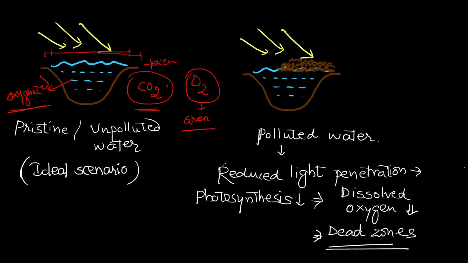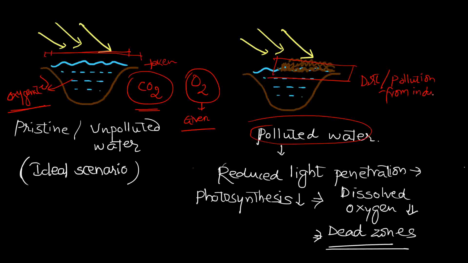And in another case we have polluted water. See, this is all the dirt and all the pollution from, say, industries. Whatever pollution reaches the water bodies blocks a certain amount of surface area because of its presence.